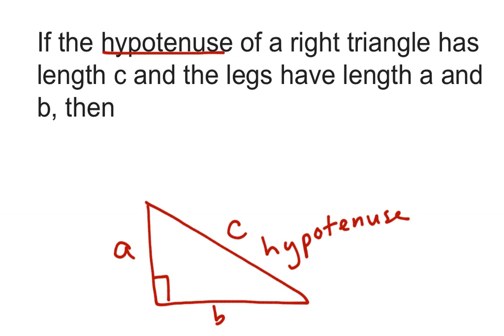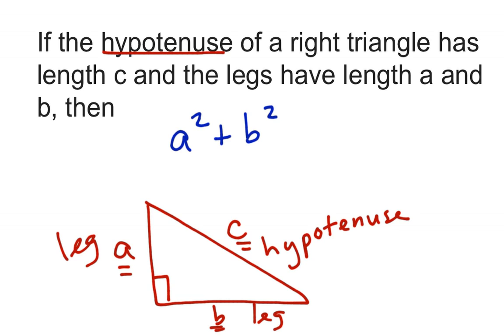If the hypotenuse of the right triangle has length c, and the legs have lengths a and b, then we know something is true that Pythagoras proved, which is that a squared plus b squared equals c squared.